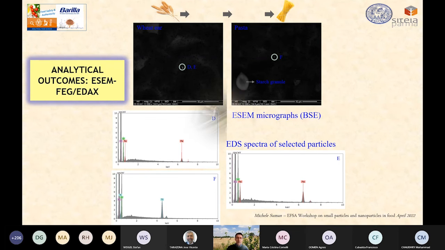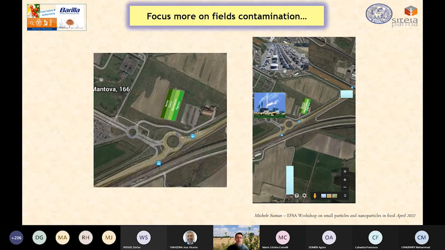If we would like now to go into more detail of the study, we were also looking at different cultivation that was executed in a field not far from the motorway in Parma, between the production plant of Barilla and the motorway, where different varieties of wheat were cultivated beside each other.